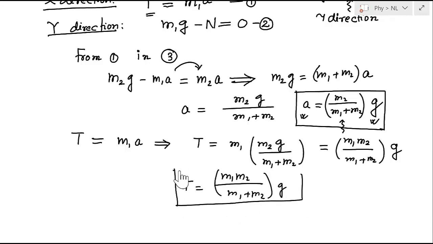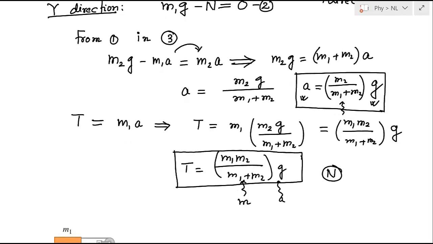Now see the dimension of tension. This is the dimension of force, because one mass cancels out, leaving the dimension of mass, and this is the dimension of acceleration. So tension will have the unit of Newton.